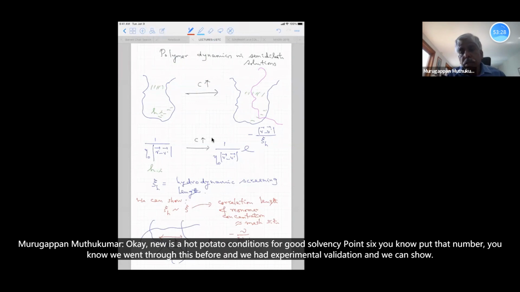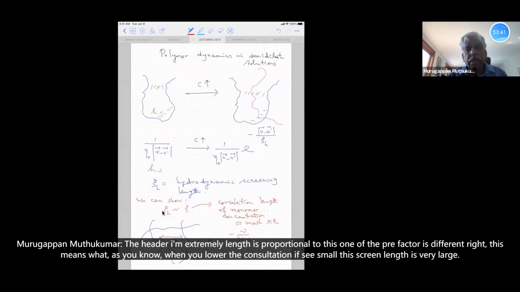Nu is a half for theta conditions. For good solvents, it's 0.6. We went through this before, and we had experimental validation. And we can show the hydrodynamic screening length is proportional to this. Only the prefactor is different.